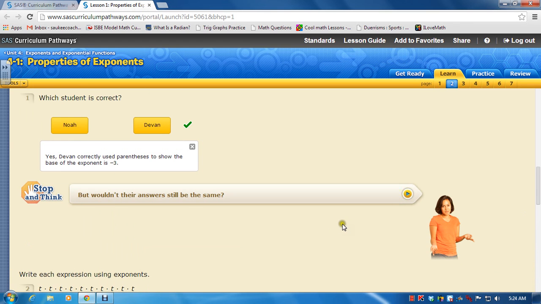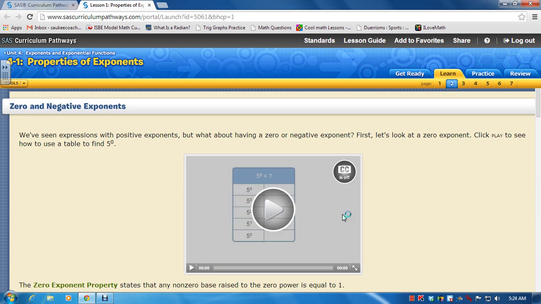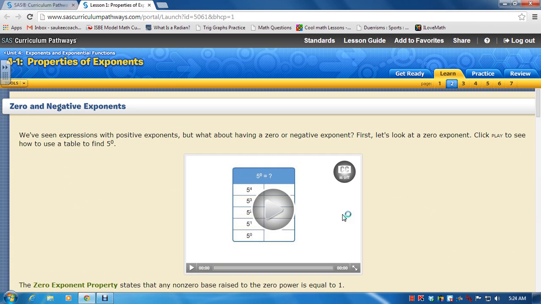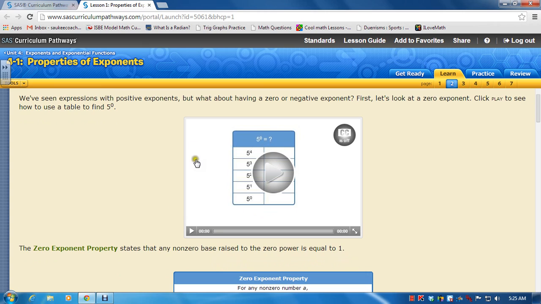I'll move along here. The 0 exponent, I'm not going to spend a whole lot of time on that because we did the other day in class, but as I showed you the proof of that using the quotient rule, here's another indicator of what something to the 0 power is, why it is always equal to 1.